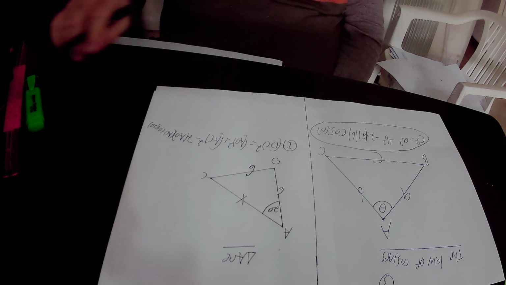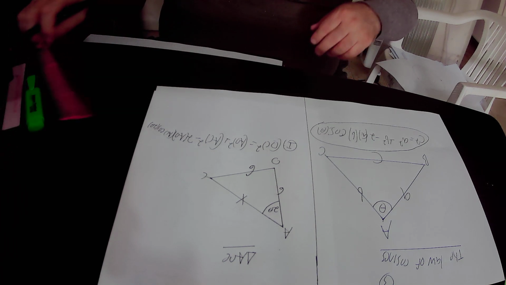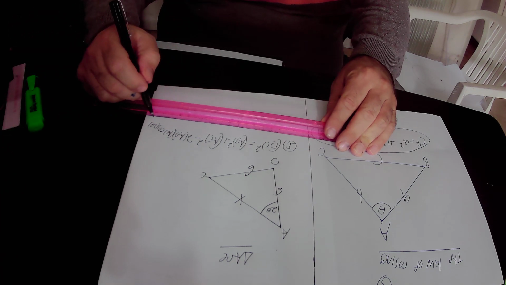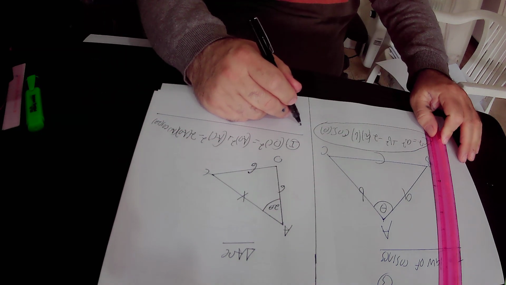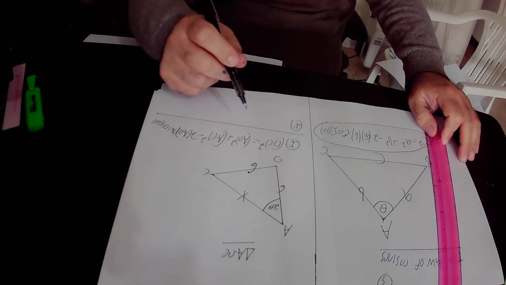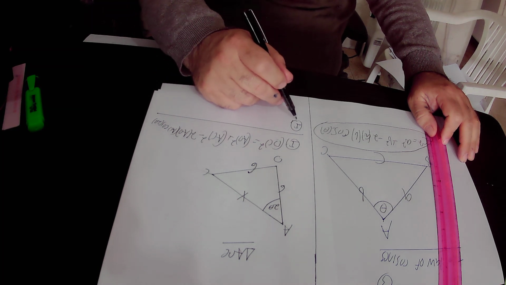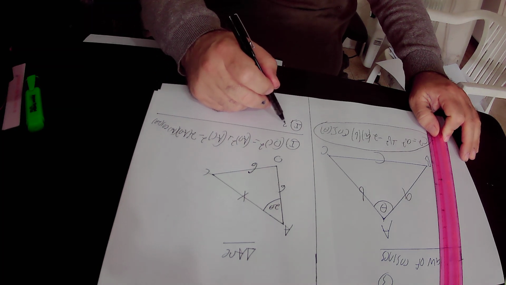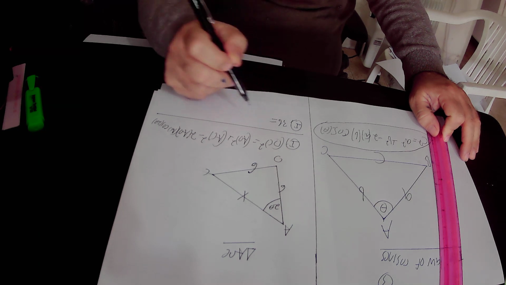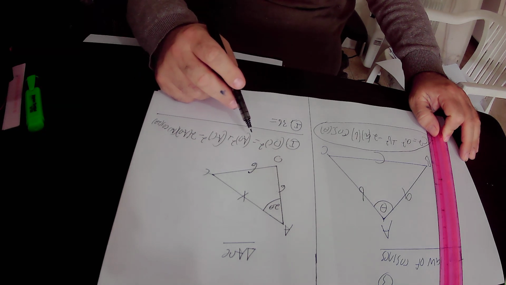Okay, so here OC equals 6 units. Therefore, OC squared is 6 squared, that is 36. And it is equal to AO squared.